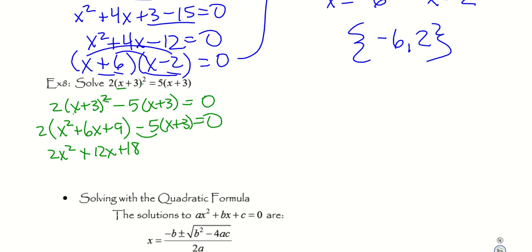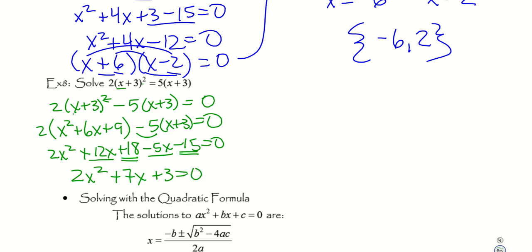Distributing my negative 5, I get negative 5x minus 15 equals 0. Combining my like terms, I only have one quadratic term, 2x squared. Positive 12 and negative 5x give me plus 7x. And then positive 18 and negative 15 give me plus 3 equals 0.